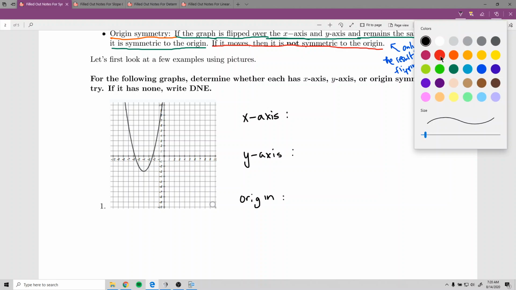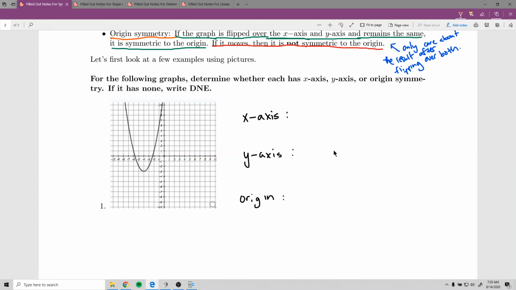All right, so I'm going to show where the result would be for each. This is the x-axis right here. If we flip this over the x-axis, this little portion below becomes above, and then it's going to make this downward U shape. You don't have to be super precise, and you don't have to draw it perfect. You don't even have to draw it at all.